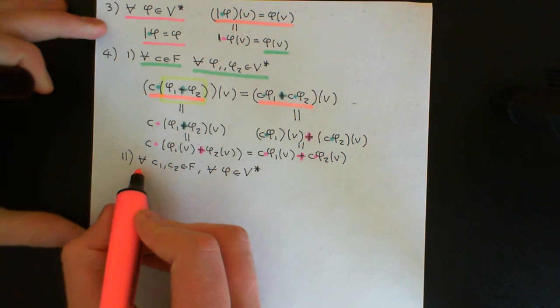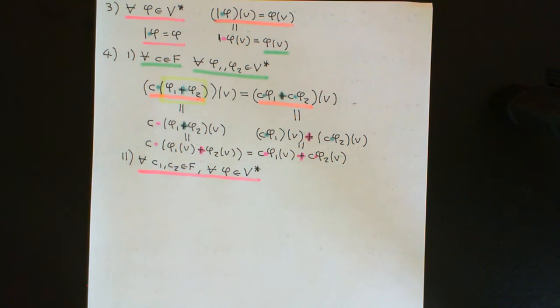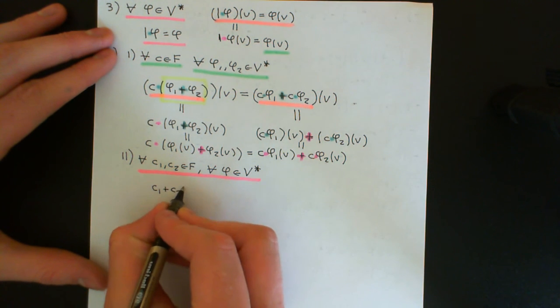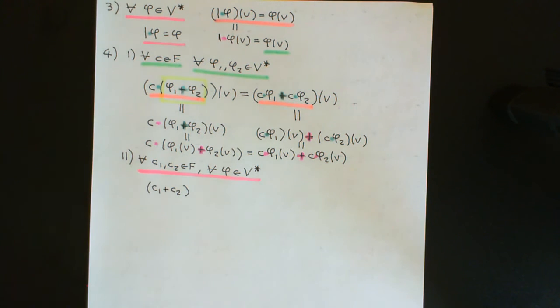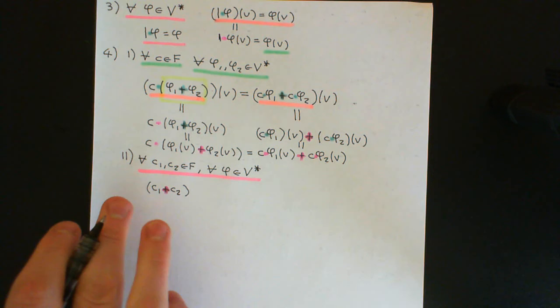So pick two elements of the field, C1 and C2, pick a covector from the dual vector space phi, and now what we want to prove is that if we have C1 plus C2, where these two are being added in the field. So this is addition in the field.